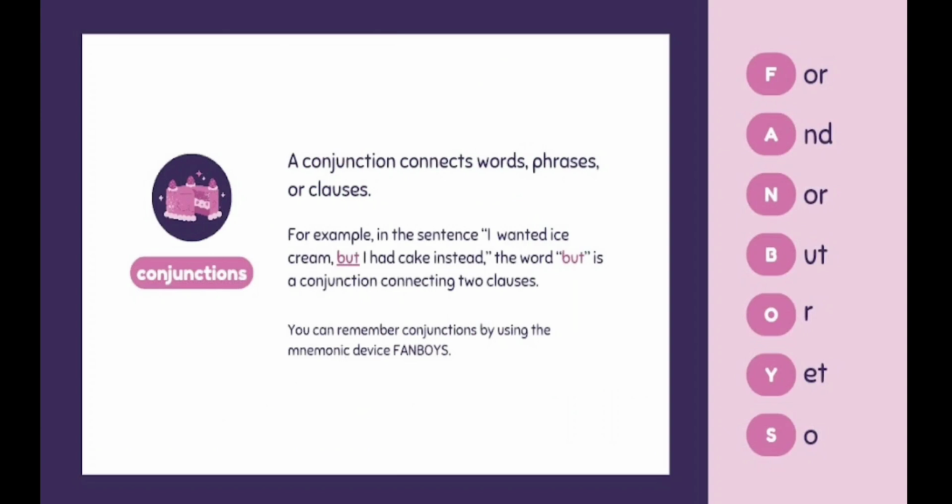Now, there's an easy mnemonic to remember conjunctions, which is FANBOYS. F for, A for and, N for nor, B for but, O for or, Y for yet, and S for so. So these are the basic conjunctions that we can use in sentences. A conjunction always tries to connect words or two sentences together.